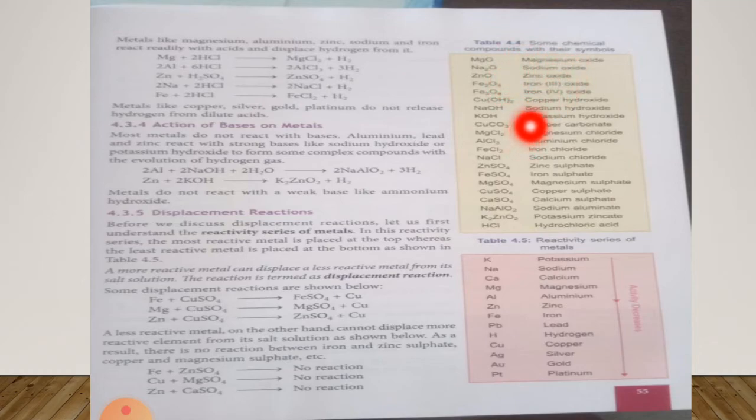Here you can see some chemical formulas: magnesium oxide, sodium oxide, zinc oxide, iron oxide, or you can say ferric oxide, copper oxide, copper hydroxide, sodium hydroxide, potassium hydroxide, copper carbonate, magnesium chloride, aluminium chloride, iron chloride, sodium chloride, zinc sulfate, iron sulfate, magnesium sulfate, copper sulfate, calcium sulfate, sodium aluminate, potassium zincate, and hydrochloric acid and sulfuric acid too.